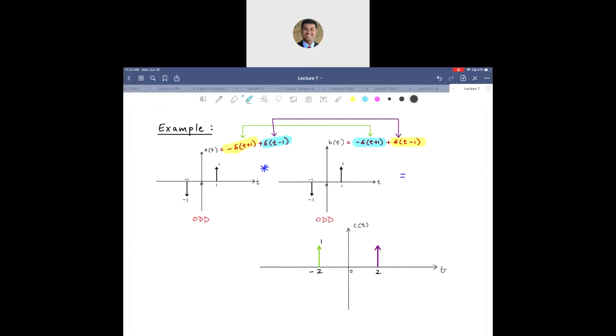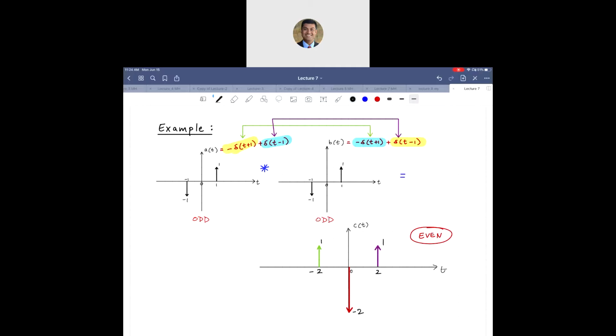So those will be pointing down with a weight of -2. And if you notice, this is an even signal. It is symmetric about the origin. It is symmetric about the y-axis. Let me fill the information here. This is 1. Yeah, done.